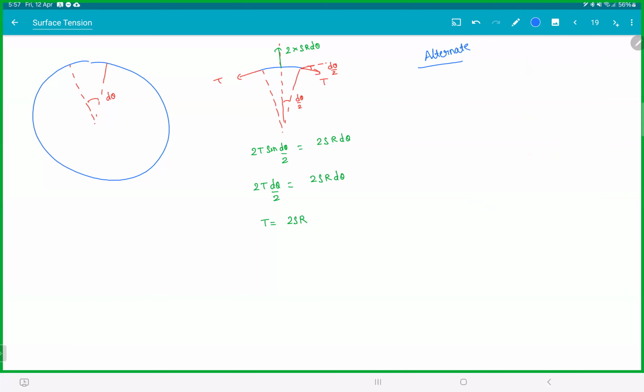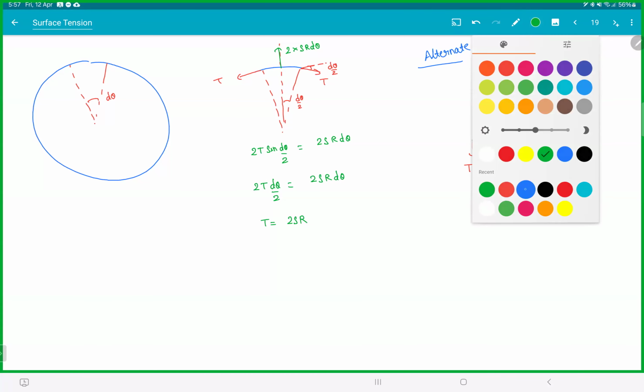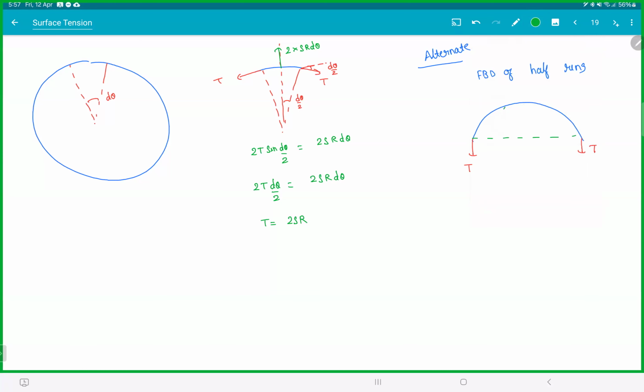Take half ring. So if you take FBD of half ring, then the forces are tension. This entire thing is a soap film. So we know the projected length now.